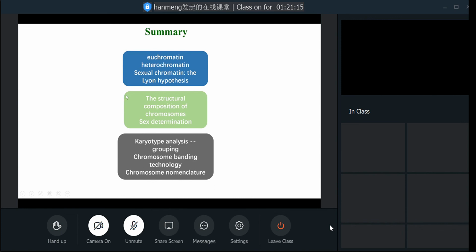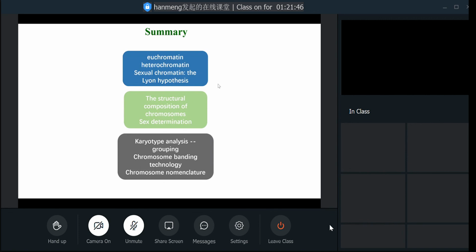Finally, in today's class, we learned the two types of human chromosome material, the chromatin and the chromosome. In the chromatin, we learned euchromatin, heterochromatin, and the sex chromatin. In the sex chromatin, we learned the Lyon hypothesis, because in women the gene products are not more than in men.